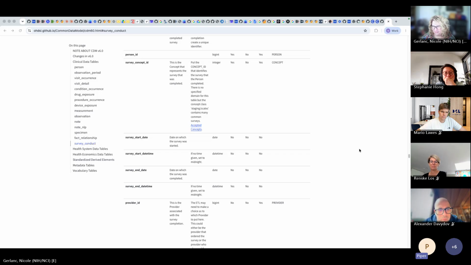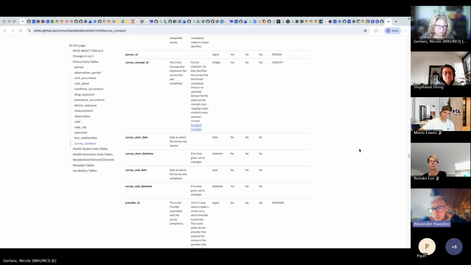But I think maybe a first step would be for us to go through each of these fields and see what aspect of the survey is being captured by each field. Because the survey start and end date time, to me, looks like we're talking about the procedure of administering the instrument, right? Although I don't think so.